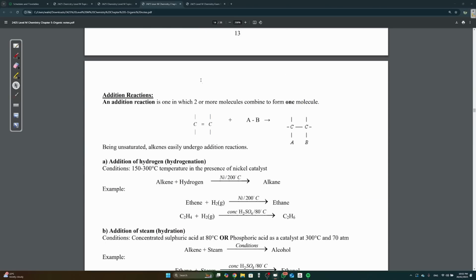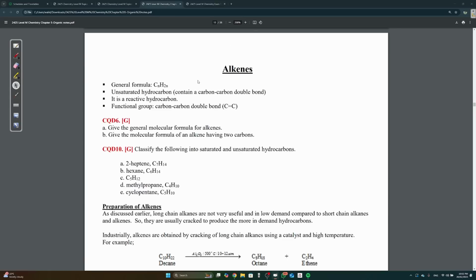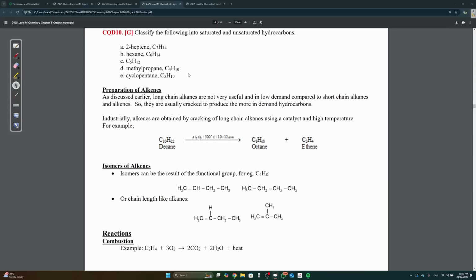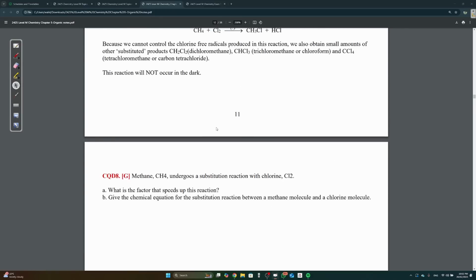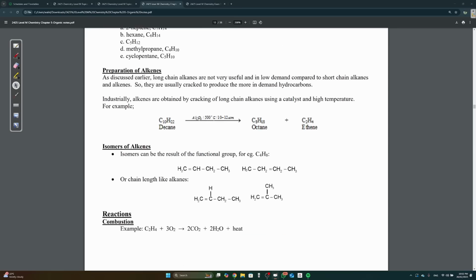So, how do you prepare alkenes? What are the reactions of alkenes? You need to know for alkenes, you can produce them industrially and in the lab. But usually it's the industry that we look at. The first way to prepare alkenes is by cracking. It's something I should have covered in alkanes, but I left it for alkenes because they're really related.